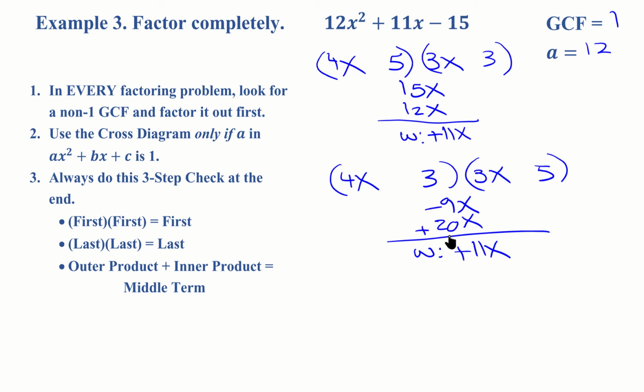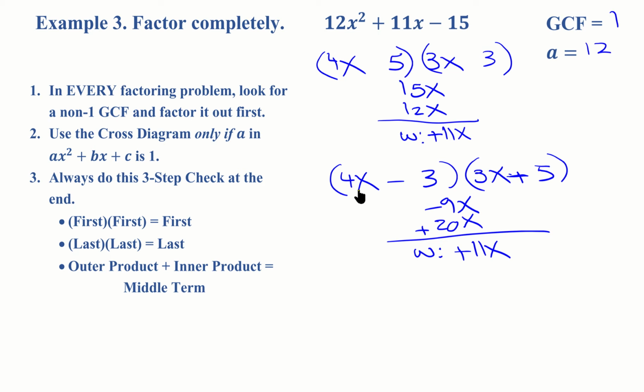Negative 9x plus 20x gives us positive 11x. Now, since we wrote it with the inner on top, outer below, the negative will go here, positive will go here. Even though we're pretty sure this should work, we'll go ahead and do our final 3-step check, right?